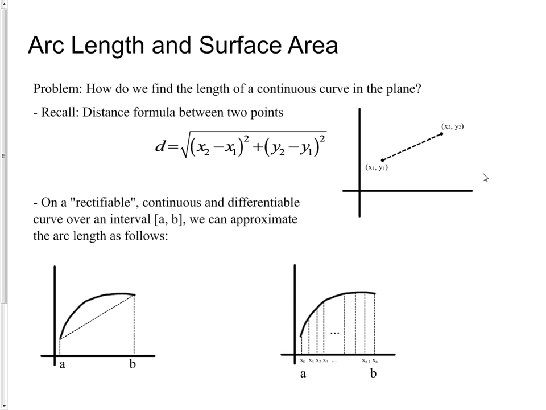Well, one approximation, of course, would just simply be to take a straight line and estimate what that curve would be. We know it's got to be longer if it's curved away from this line from the point from A to B. That's one estimate.